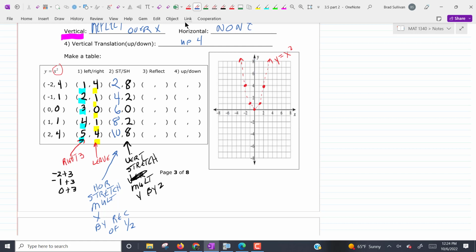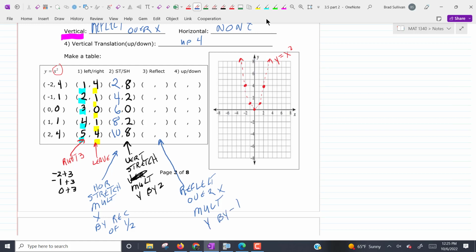All right, now when you look at reflecting, we reflected over the x-axis. The way that you reflect over the x-axis is make y opposite. So when you reflect over the x-axis, you multiply y by -1.